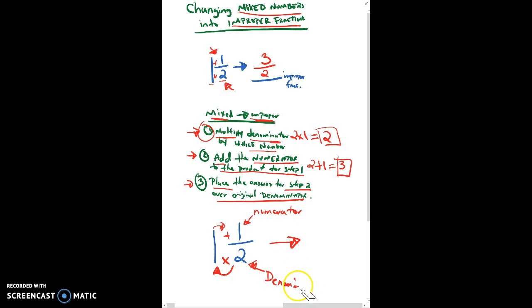So our final answer would be 3 over 2. And that's how you change a mixed number back into an improper fraction.